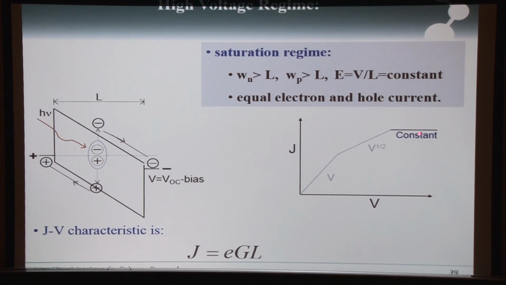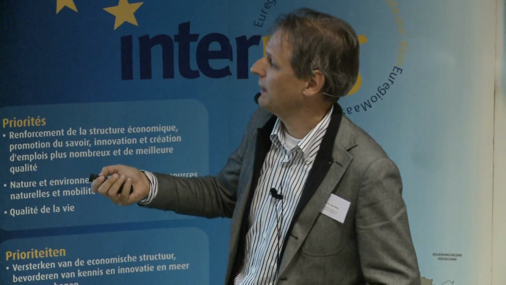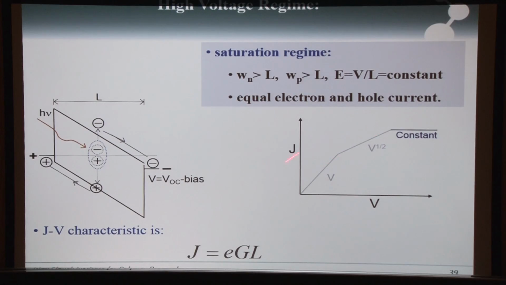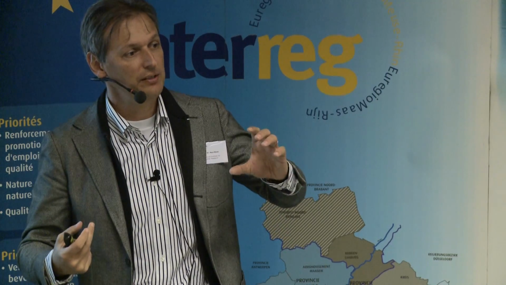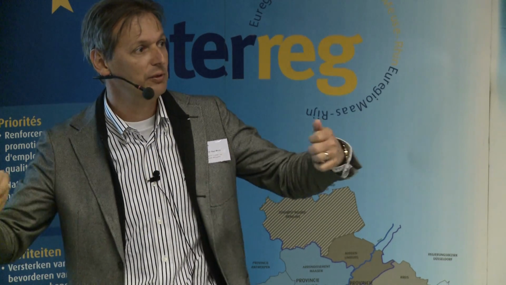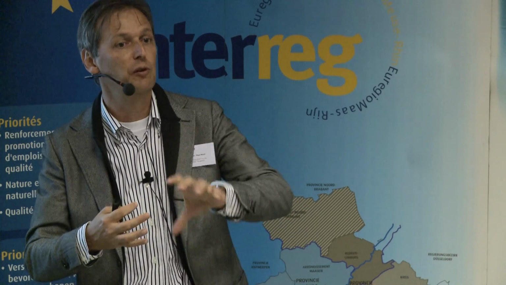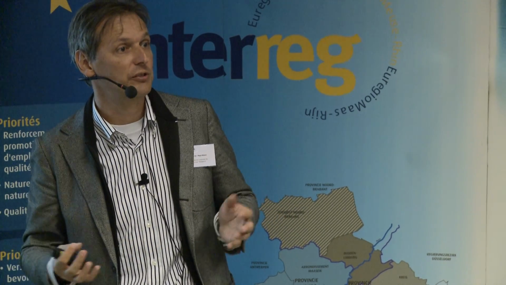So it doesn't matter if I make the voltage higher, the current doesn't change anymore. And of course the reason is that the current in this case is given by this number. So it's again the generation times the length, but this length is the sample thickness. And what it means, simply spoken, is that the amount of electrons and holes that come out of the sample are equal to the amount of photons coming in that are being absorbed, because there is no loss.